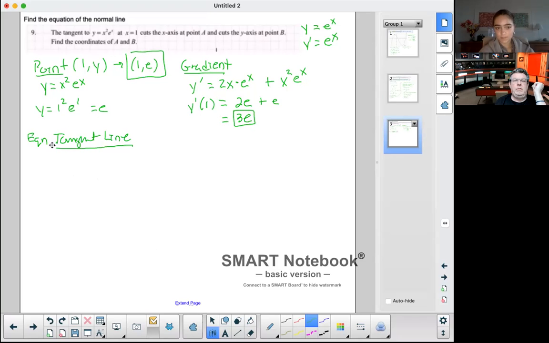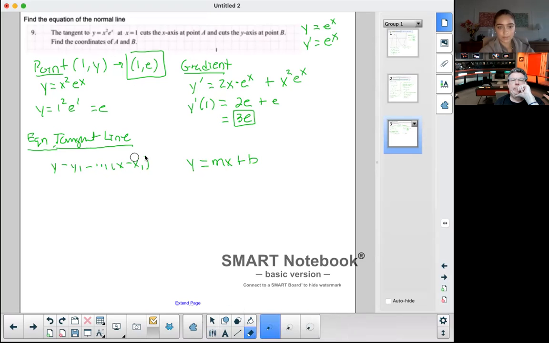So we're going to use point slope form. Are you familiar with this? No. Are you familiar with slope intercept form? Yeah. Okay, so we'll do that. So e equals 3e. And maybe that's what you were doing and I misunderstood. Sorry.